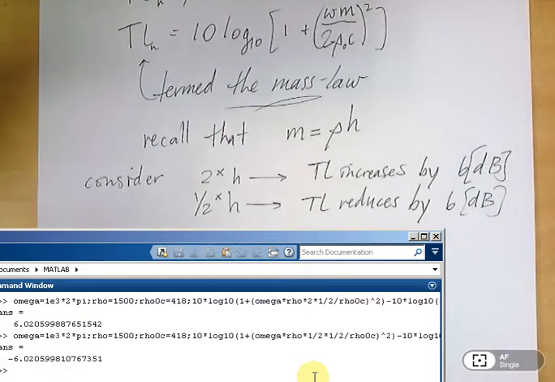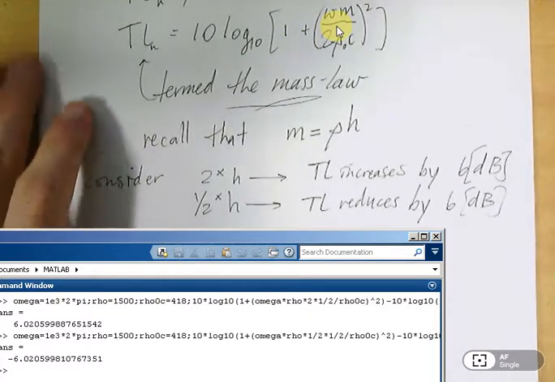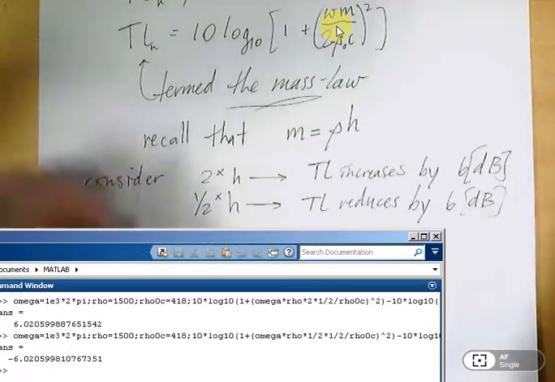So we can take this one step further and say, what if the frequency doubles or is reduced by half? A similar result will occur.